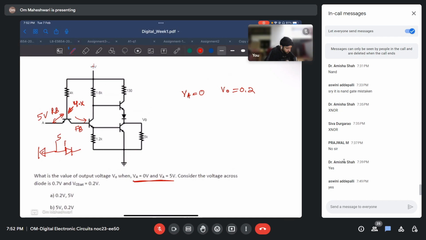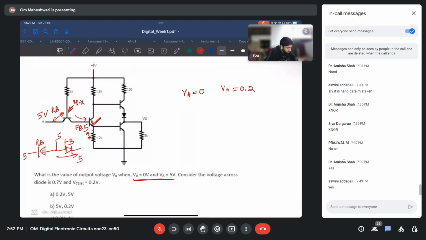So this is forward bias, this is reverse bias. That is 5 here, so this 5 will reach here. When this 5 reaches here, this transistor will turn on. Here VB will be higher, so this transistor will turn on. Again, if we take this diode model, this 5 volt will come here.